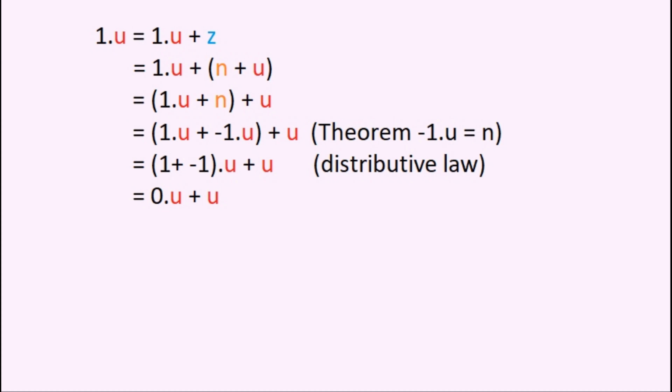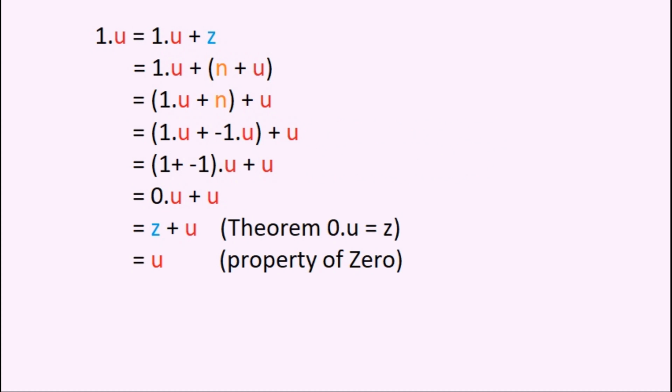So then we can do another bracket swap, so as to arrive at the following expression, which is 0 times u plus u. We then use the theorem that 0 times u equals 0 to get the expression z plus u. We then use the property of 0 to get u, which is what we wanted, so that we have completed the proof that 1 times u equals u.